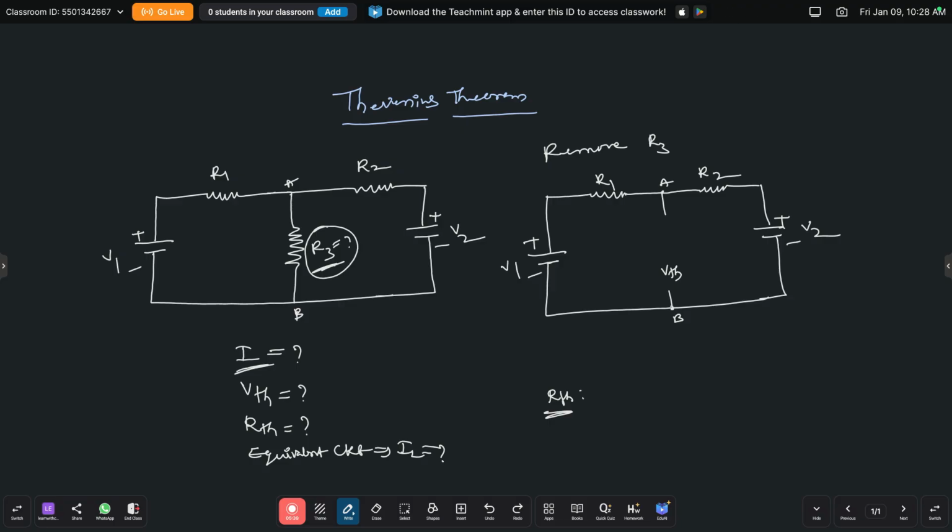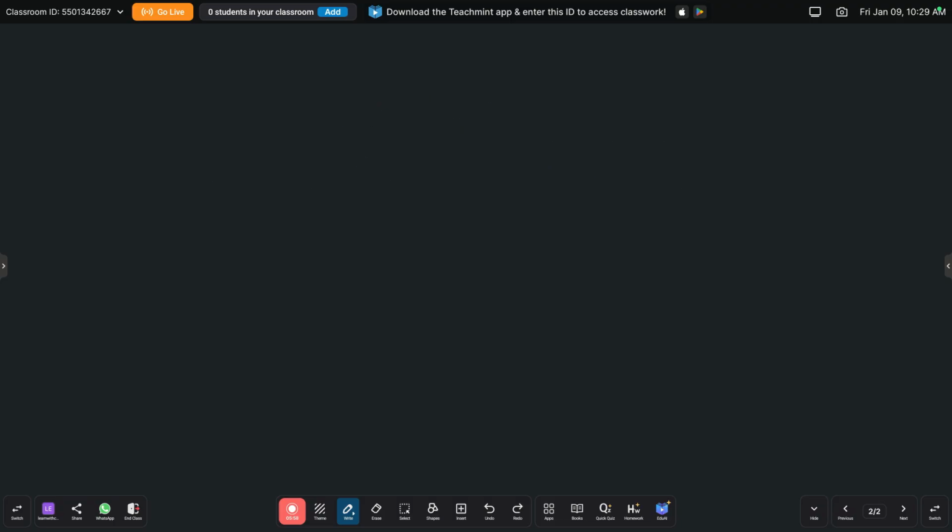We will take one example so you clearly understand how we can apply nodal or mesh analysis, how we can find the current, V Thevenin and R Thevenin, how we can draw the equivalent circuit, and how we can find the total current finally. So see here, I am taking one example.